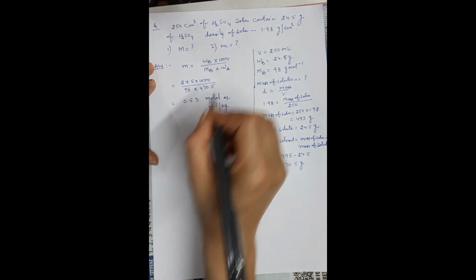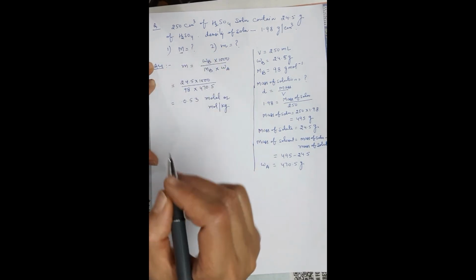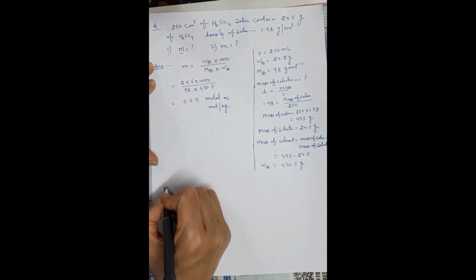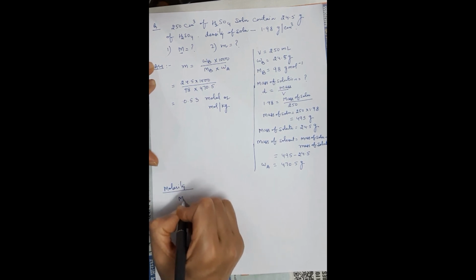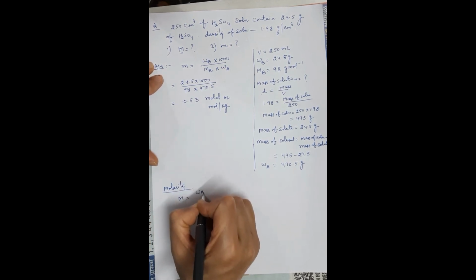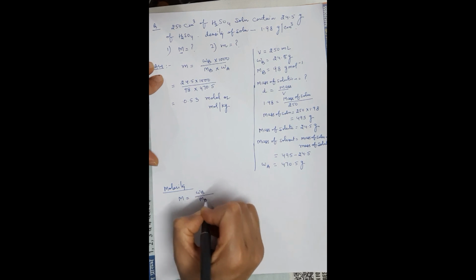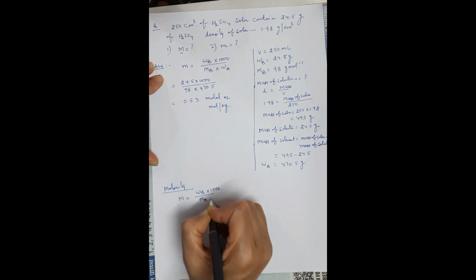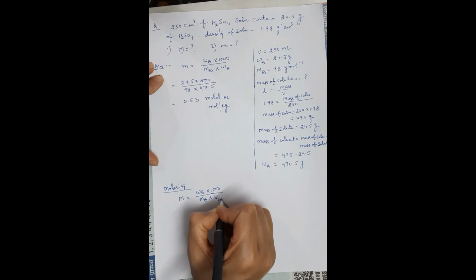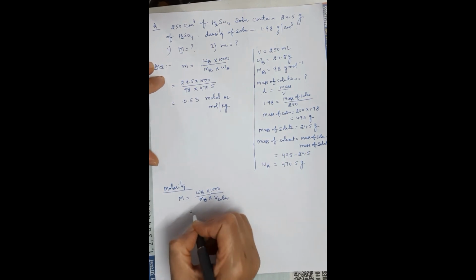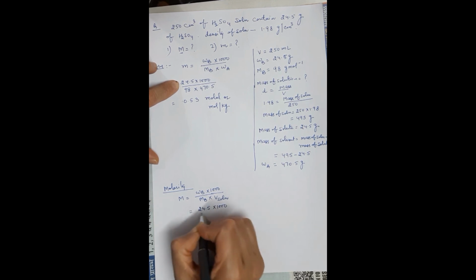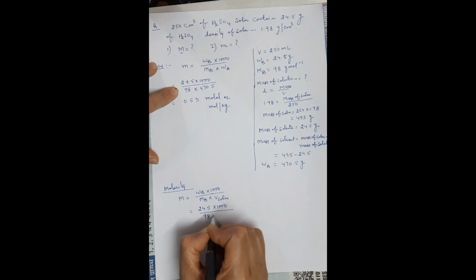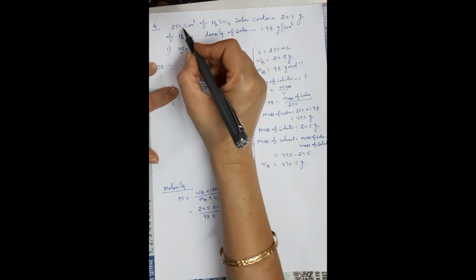Can you find out molarity of solution in this case? Molarity is capital M. It is WB upon MB into 1000 upon volume of solution. WB is the given mass, which we have done earlier also. 24.5 into 1000 upon 98. What is the volume of solution?